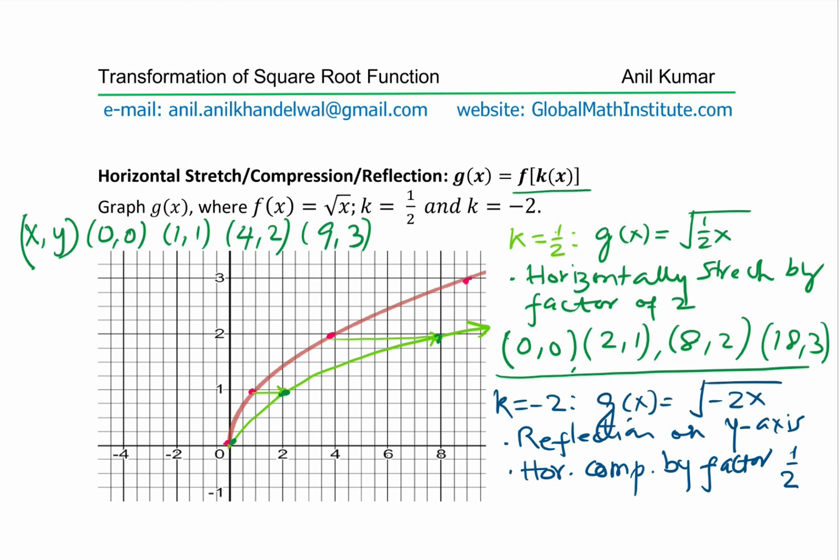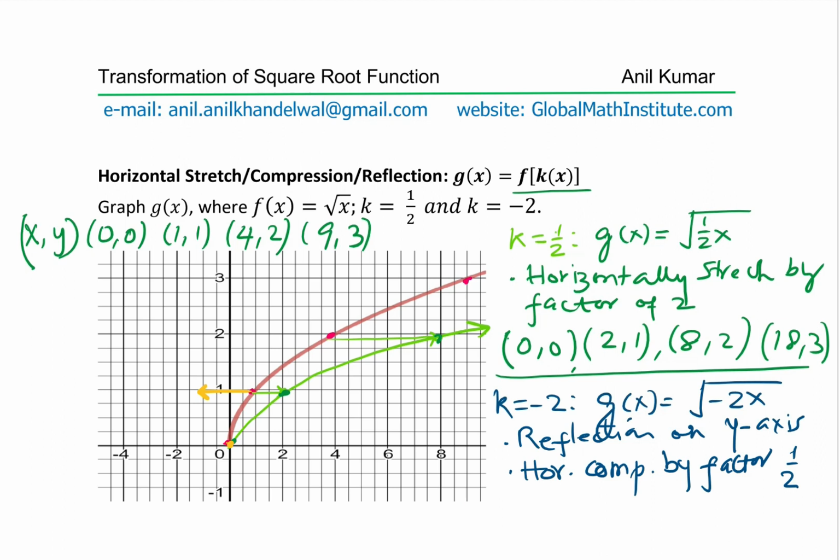One is reflection, correct? When it gets reflected, while the 0 point remains at 0, the point which is at 1 will actually come to minus 1. So that is the reflection, right? So this is the first thing which happens. And then it is getting horizontally compressed. So in the second stage, it comes to half the value. You get an idea, right?